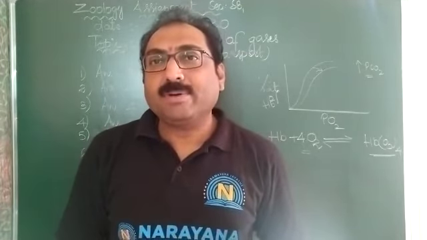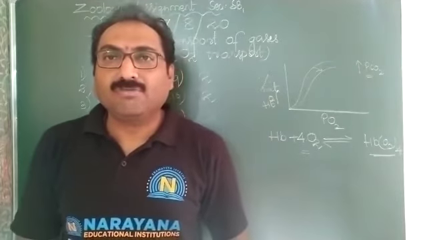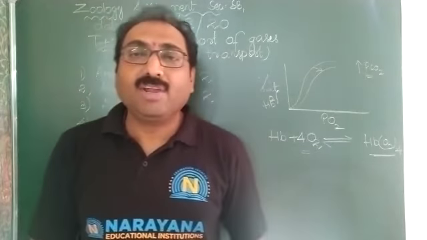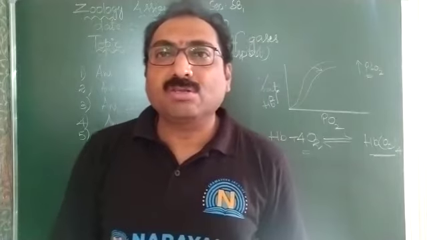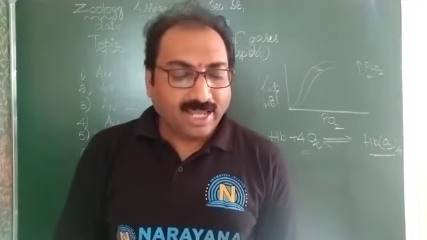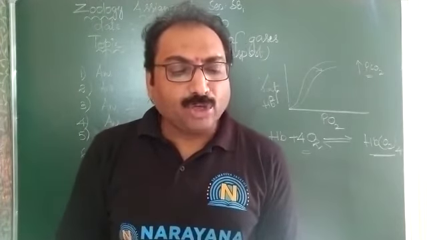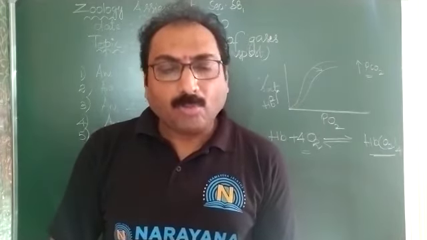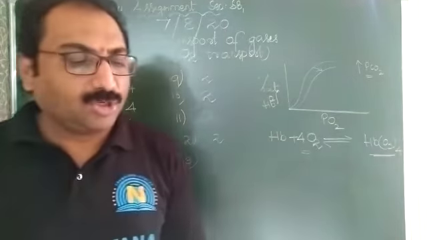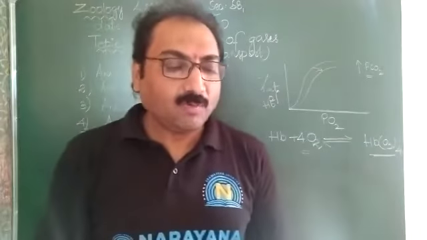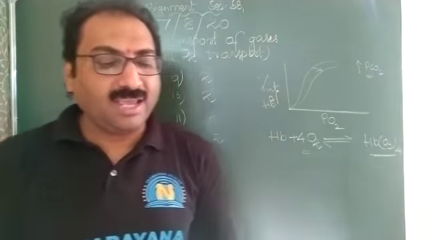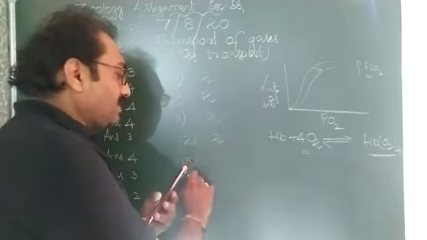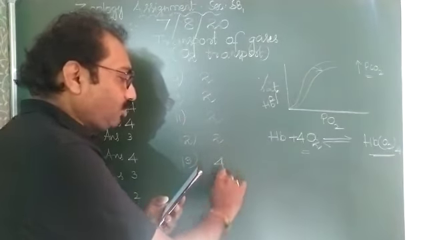When it is 75% saturated, 3 molecules; when 50% saturated, 2 molecules. So a molecule of hemoglobin can carry a maximum of 4 molecules of oxygen. The options are 1, 2, 3, 4. So answer for this is the fourth option.